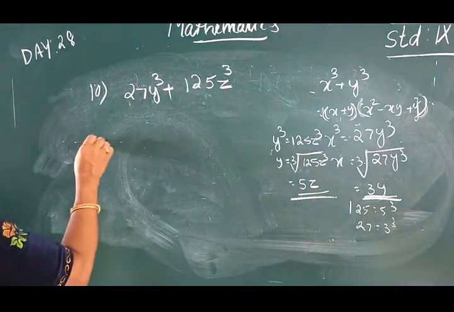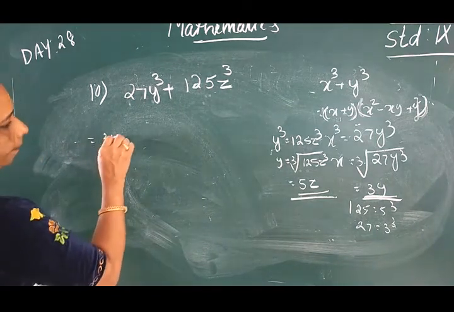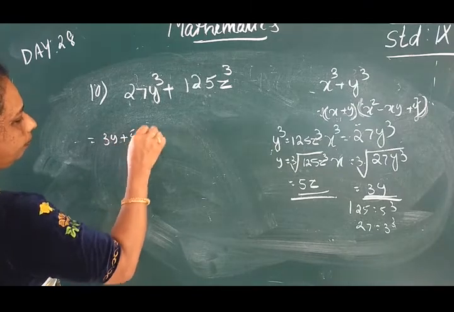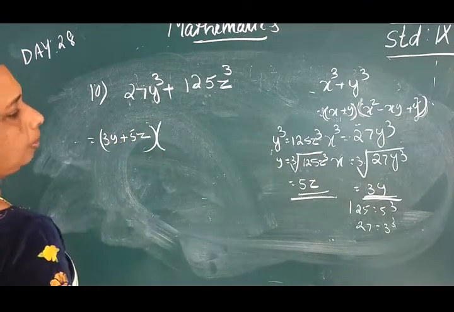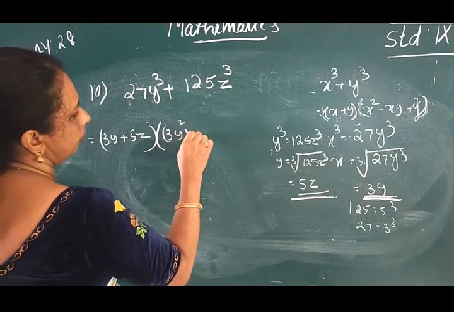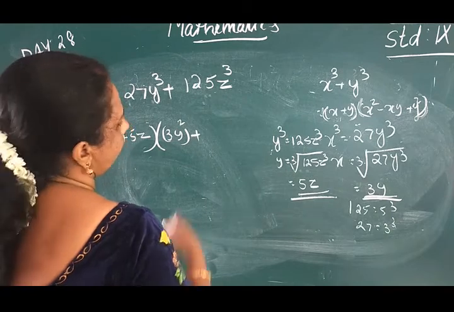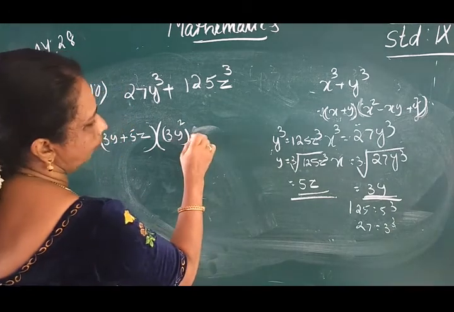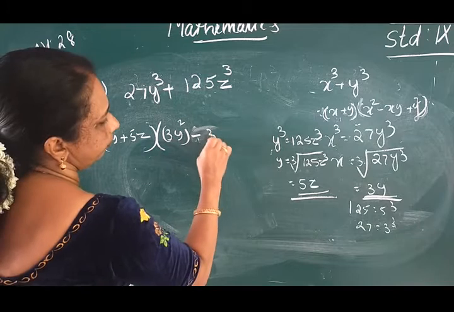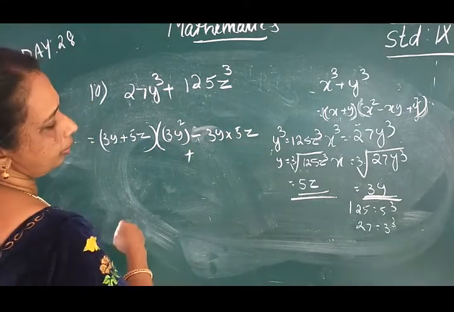So we can write the expanded form. First one is x plus y into x square minus xy plus y square.